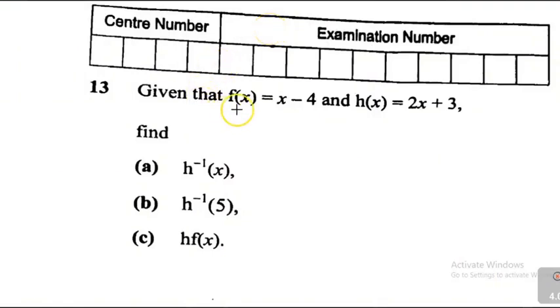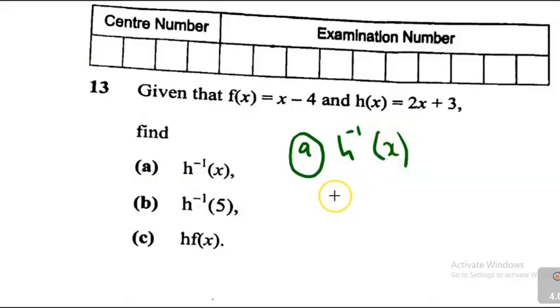Now come to question 13. Given that f(x) is equal to x minus 4 and h(x) is equal to 2x plus 3, find h inverse of x. You can start with question A right here. They want you to find h inverse of x. First thing, write the function h(x), which is h(x) equal to 2x plus 3.